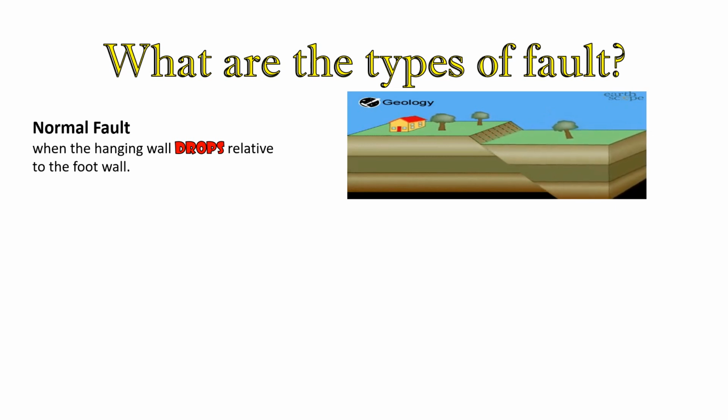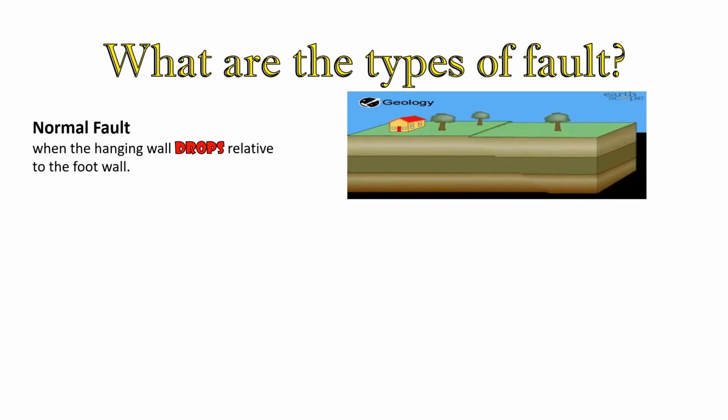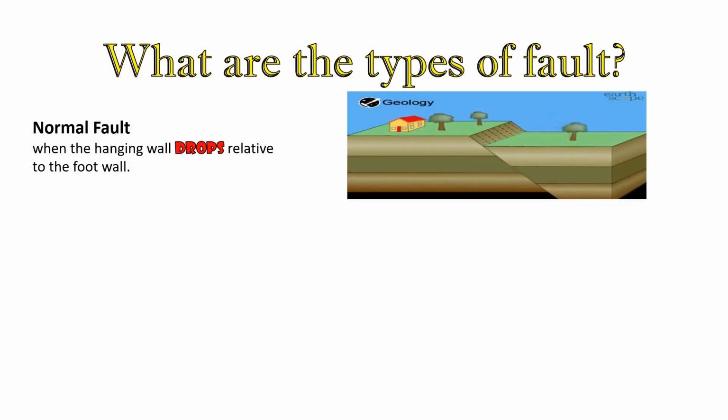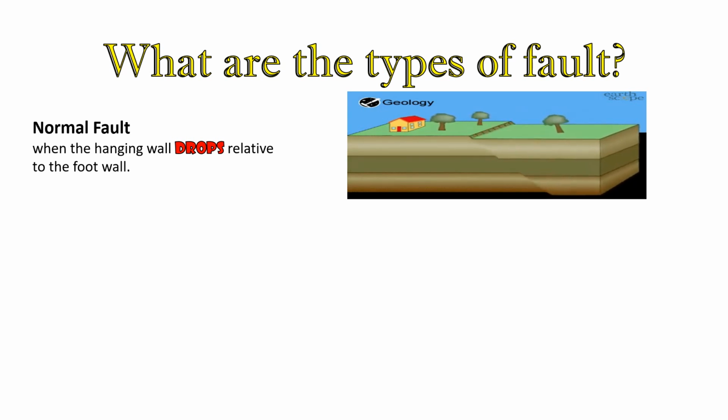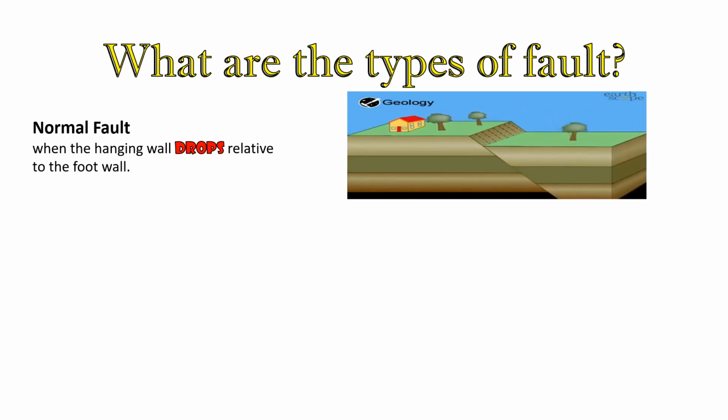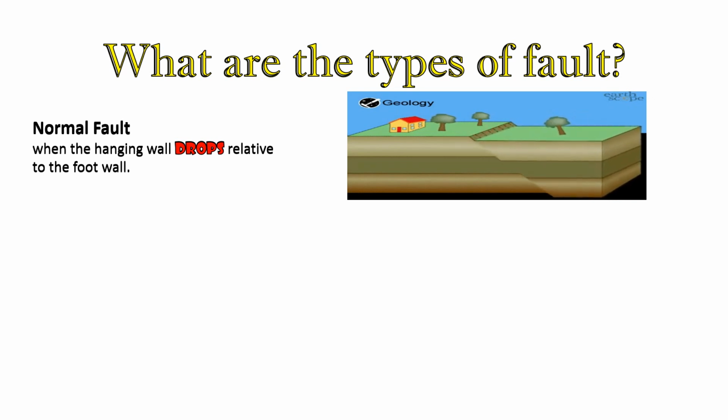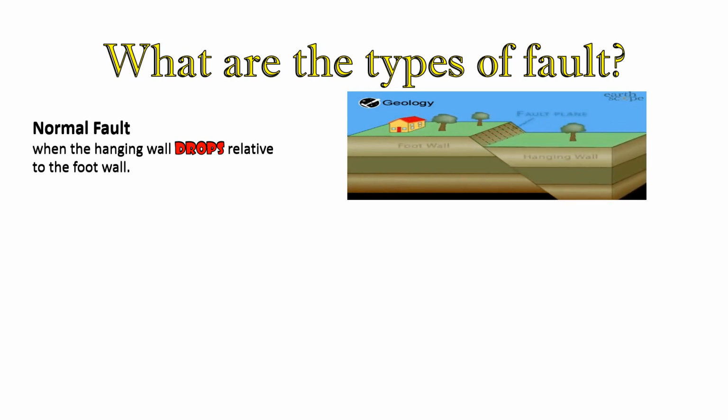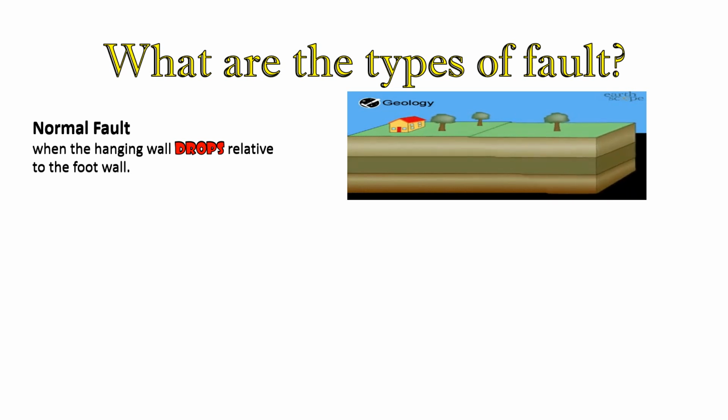So, before we start, let us first recall the concepts that we have learned last week. So, we discussed the fault and fault movements. So, what are the types of fault? So, una, normal fault. Normal fault happens when the hanging wall drops relative to the footwall.